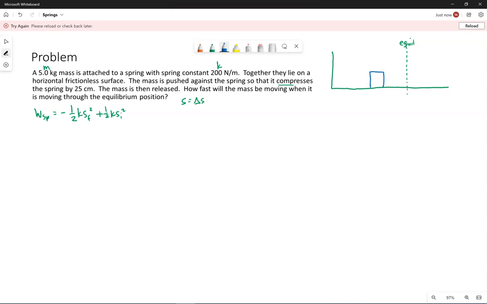We have this mass, we've compressed it against the spring such that the spring is compressed by 25 centimeters. Then we let it go. As soon as we let it go, we know the spring is going to push the mass.